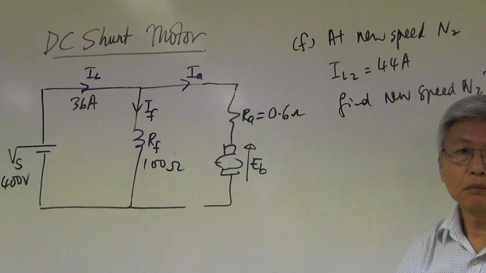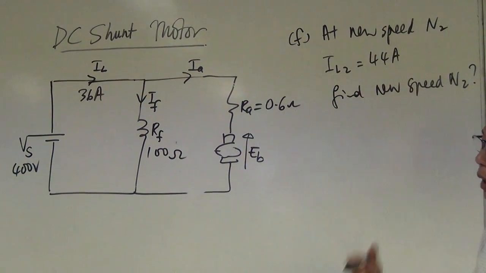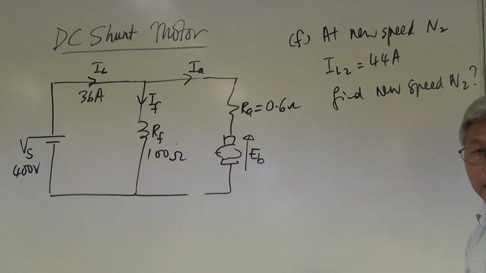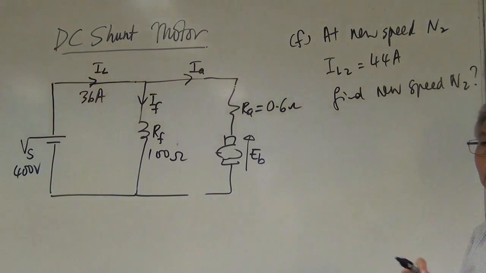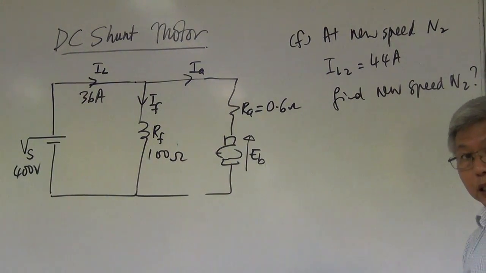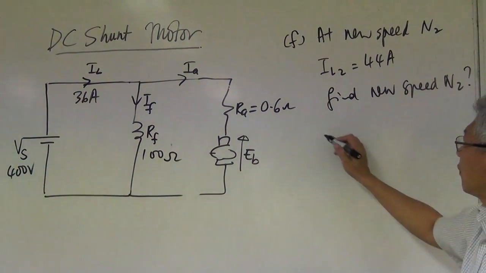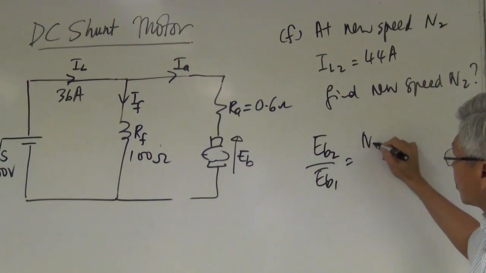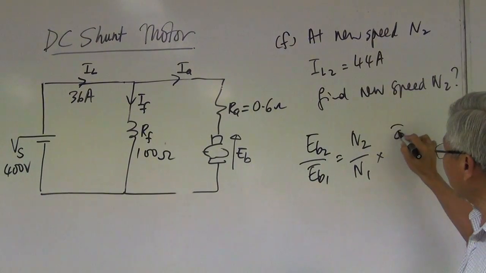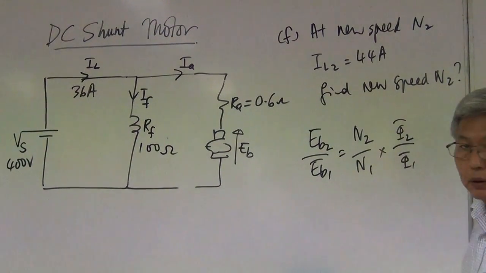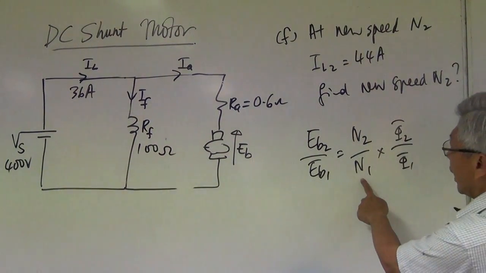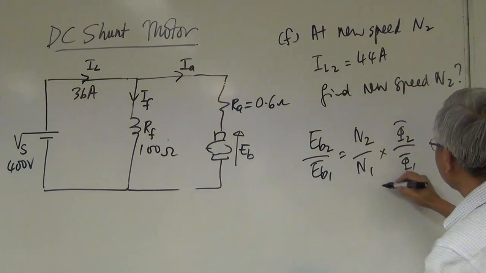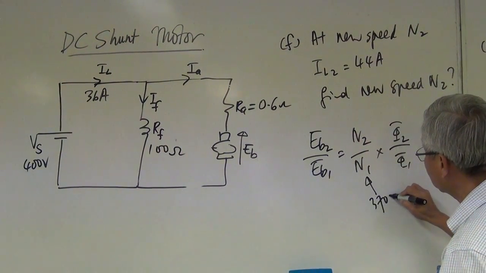Then you ask yourself, how do I go about doing it? Remember, when we find new speed or new torque, you need a proportional relationship. So you therefore say EB2 over EB1 equal to N2 over N1 times flux 2 over flux 1. Do I know N1? Of course I know N1. N1 was 370 just now.